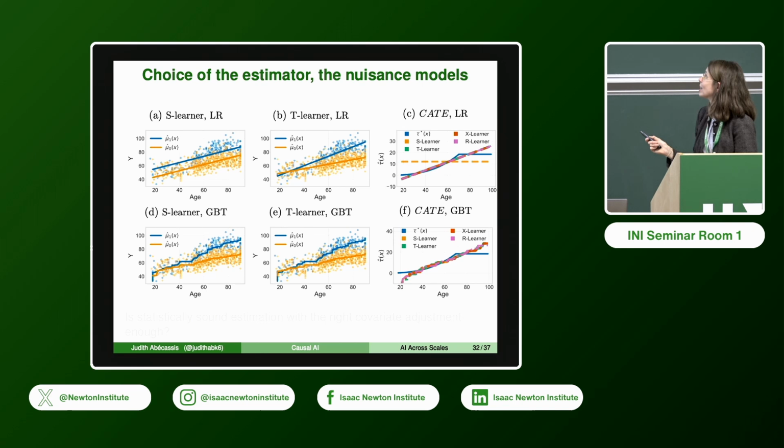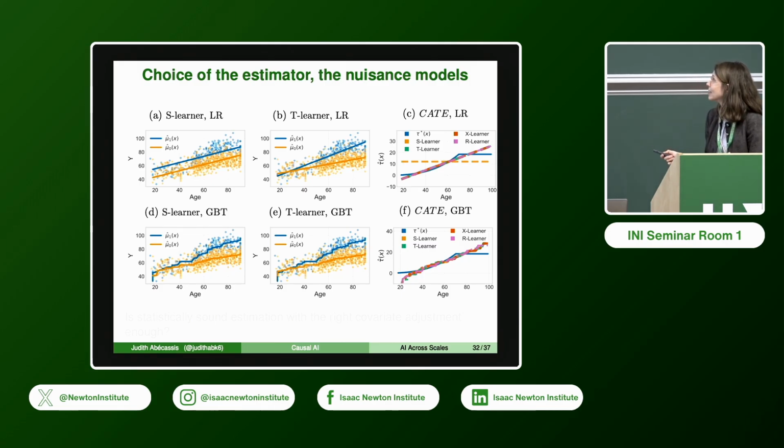So we see that the S learner, which is a very simple model with a linear regression, is completely failing to capture some aspects of the treatment effect. And here we have a slightly weird, not smooth effect that is not well captured with linear models.